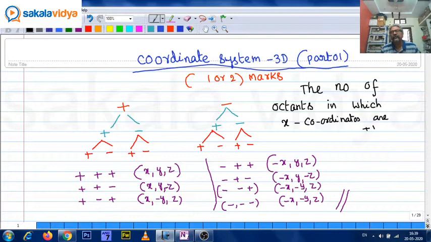For example, this question is asked. The number of octants in which x coordinates are positive. So x coordinates are positive means, right. Now that I will write, don't worry.